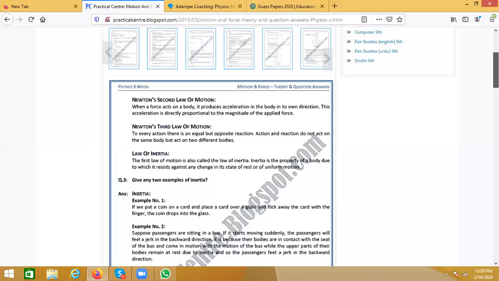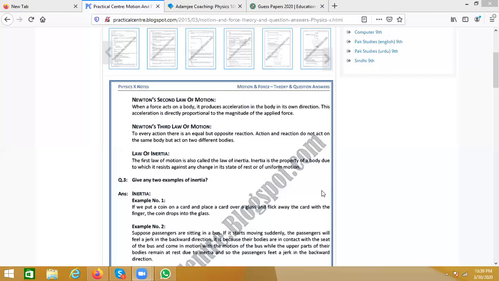Yes, what will be the perfect definition for acceleration? If you can define it. For acceleration, you're asking? Yes, sir. Acceleration is basically defined as the rate of change of velocity, right?